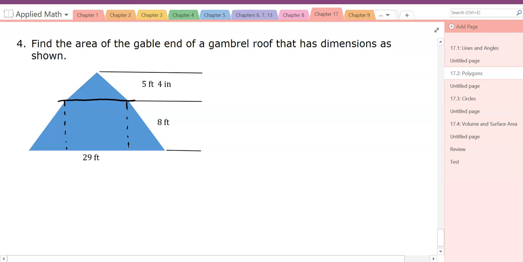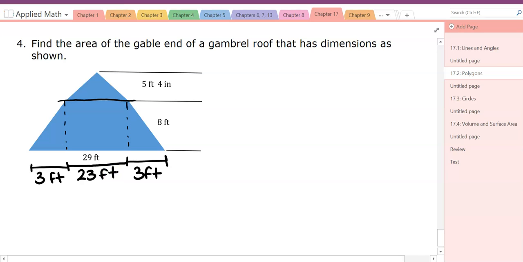So what they neglected to put in here is that these measurements are going to be the same. They're both going to be 3 feet, which means that this middle piece is going to be 23 feet.